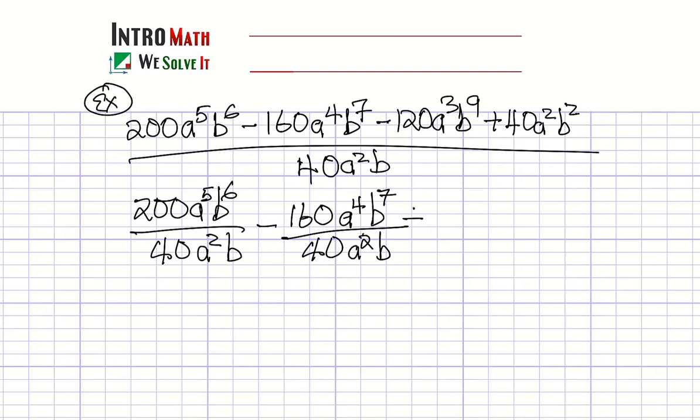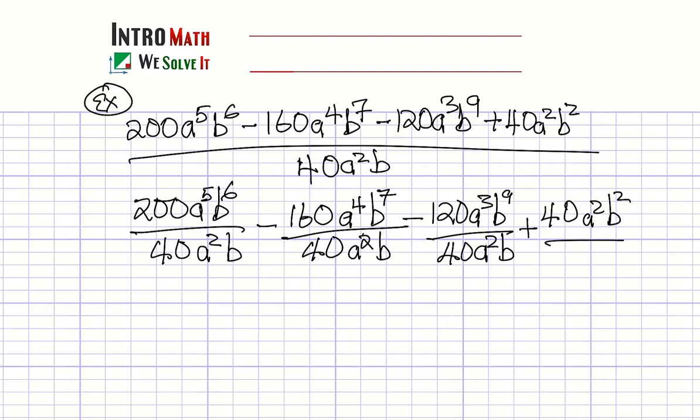Okay, negative, you see that, right? 120 a 3b 9 over 40 a 2b plus 4 a 2b 2 over 40 a 2b. You see it, right? Okay, now we just simplify.